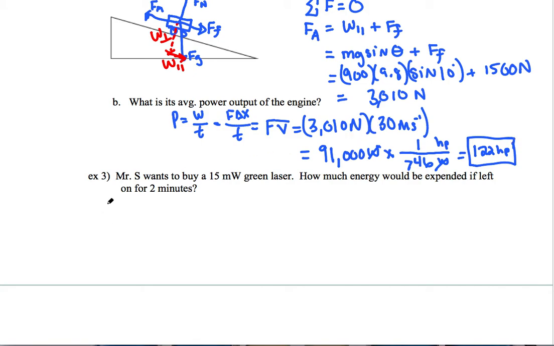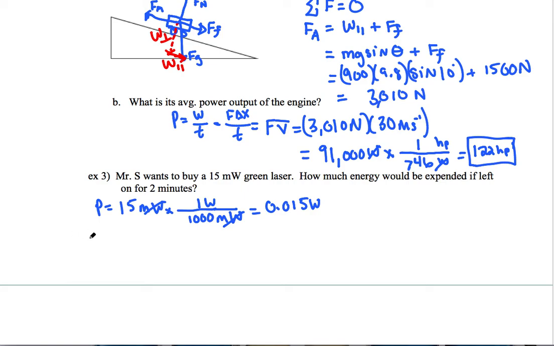Mr. Sita recently was looking at buying a 15 milliwatt green laser. So that is the power, 15 milliwatts. If I convert that to watts, there are 1,000 milliwatts in 1 watt. The milliwatts cancel out, and I get a power of 0.015 watts.